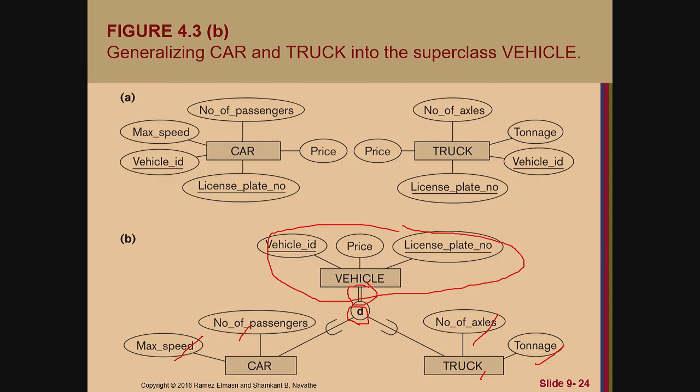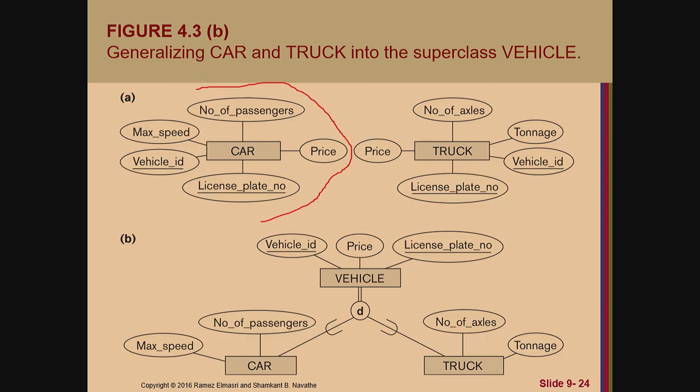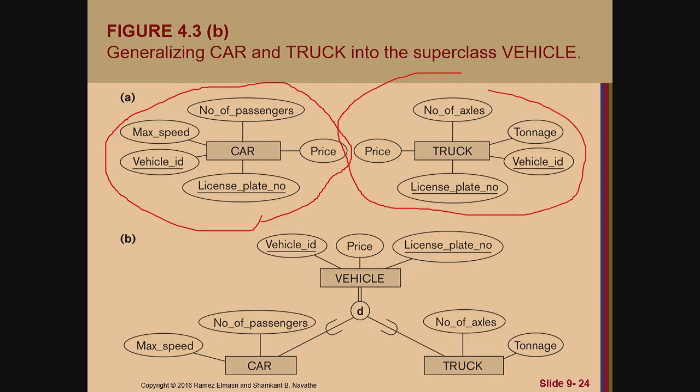So actually from this information we can separate them into here, right? Actually this is the original one, and then when you create the ER or EER you can combine them together to be this one. But the original is the car has the vehicle ID and license number and also price. For truck you also have license plate number, vehicle ID and also price.